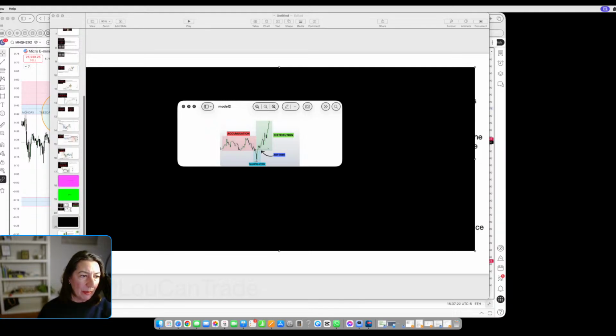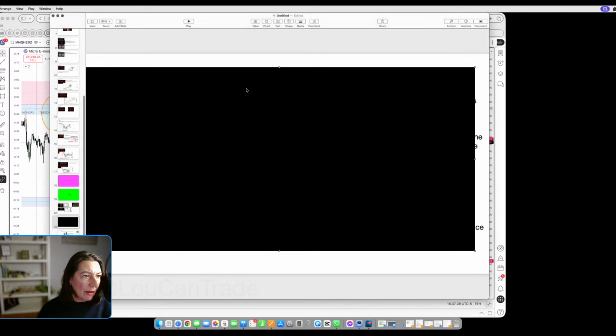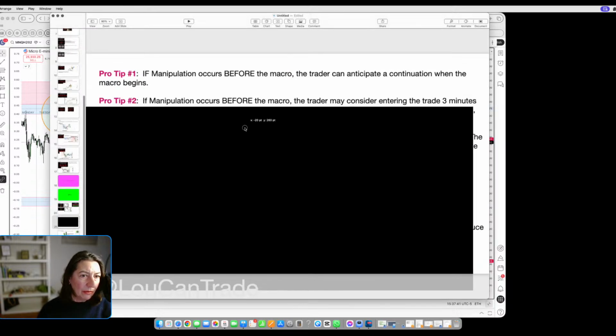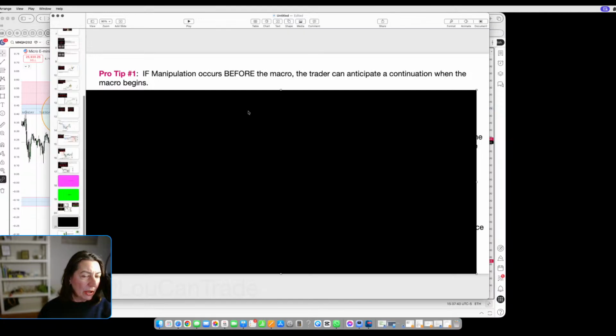If we can identify manipulation, then we're able to go down into a smaller time frame, look for a smart money reversal or entry, and then ride the distribution here. So that's ultimately what the model looks like. So I've got 6 pro tips that I want to share with you today on tips that are in support of the Power of 3 model.